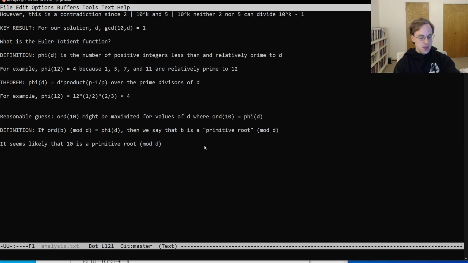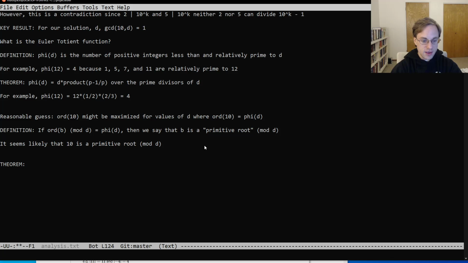Okay. Now this is a very useful guess. Again, it's at this point still just a guess. But it turns out that only very specific integers can even have primitive roots, let alone have 10 as a primitive root.